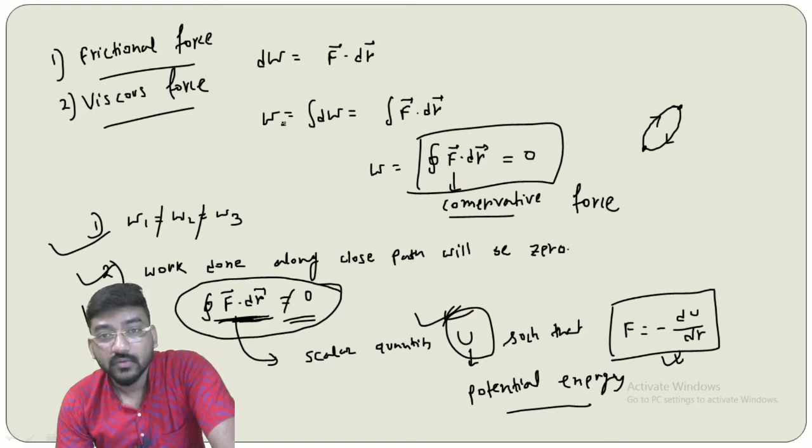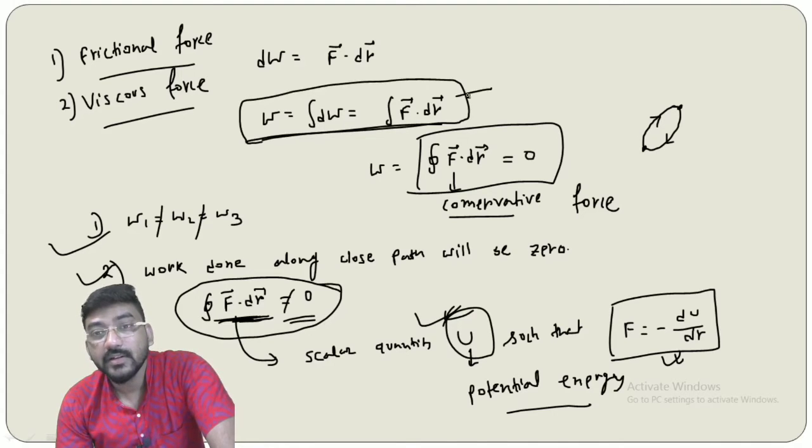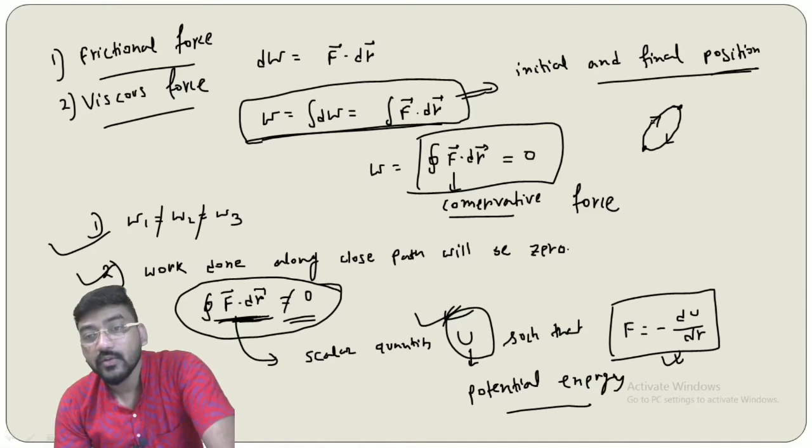Now let me see one or two problems. For a conservative force, F dot dr, or W, depends only on the initial and final position. It does not depend on the path along which the work is done.